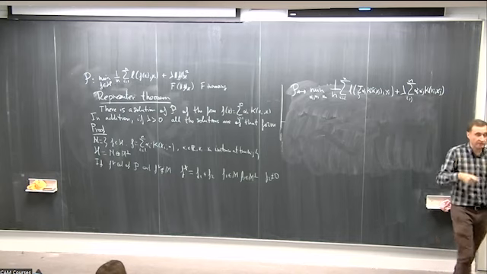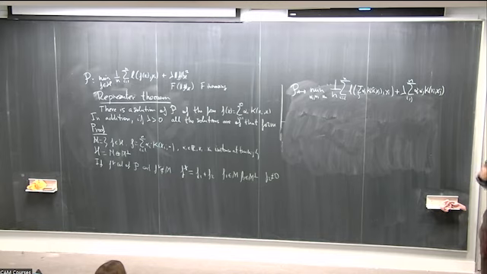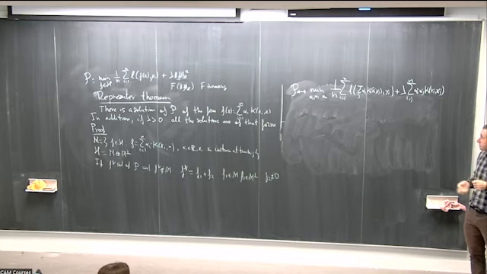So even if the x's are not vectors, maybe they are graphs or whatever, as long as you have a way to compute the kernel, as long as you have a way to describe the similarity between pairs of x's, you can use this type of technique.